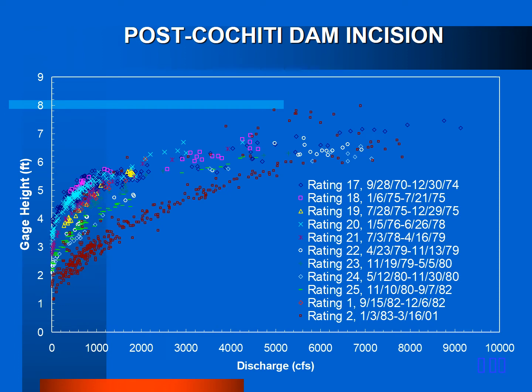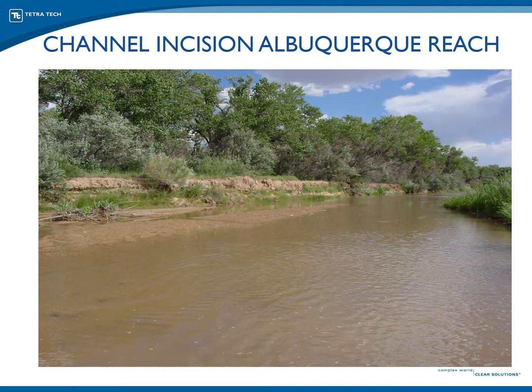So if you want a functioning river system, then something has to fit within that incised width, and that's the bars and islands. They are essentially the functional floodplain of the Rio Grande. This is what it looks like. This happens to be just in the Albuquerque Reach.